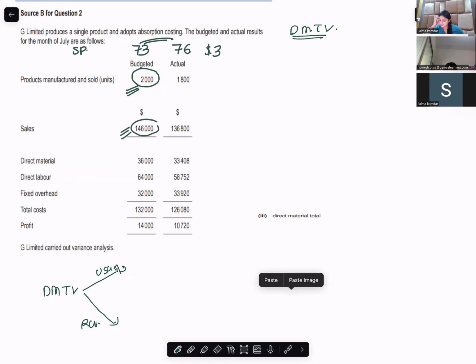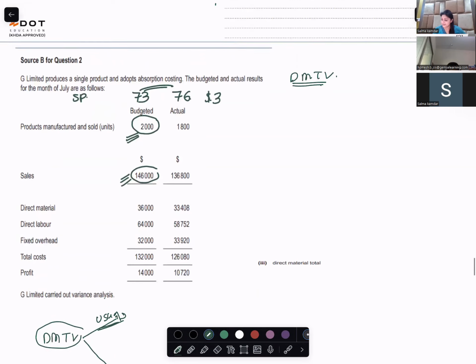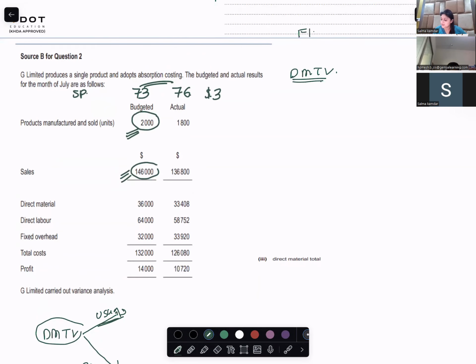Now look over here. When it's a direct material total variance, that means I don't have usage separately and I don't have rate separately. And when we compare variances, we compare the flexed budget with the actual budget.